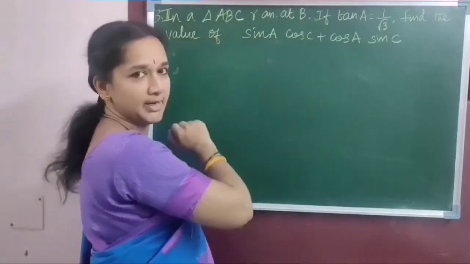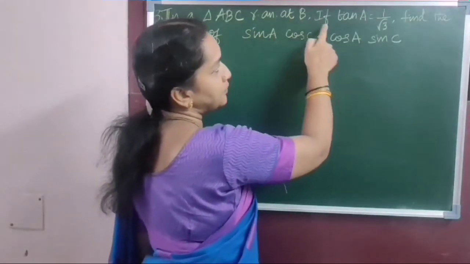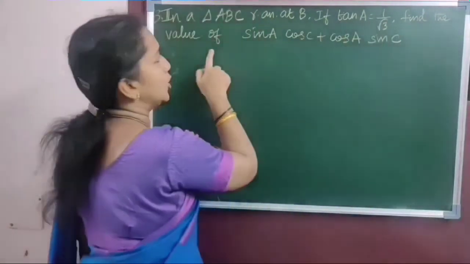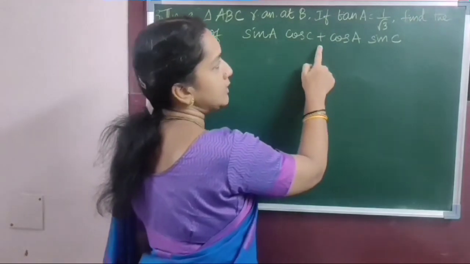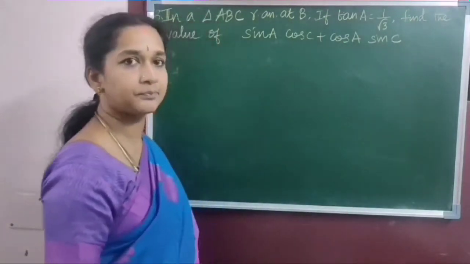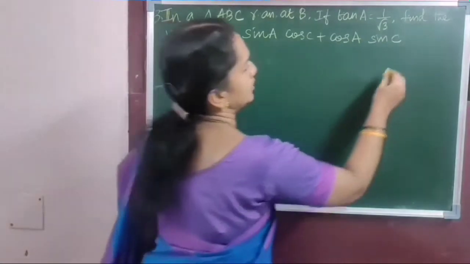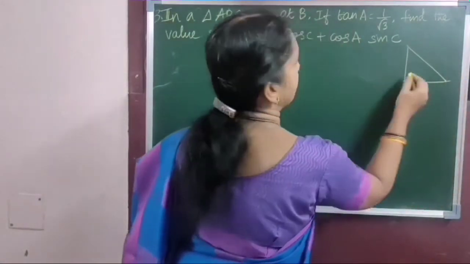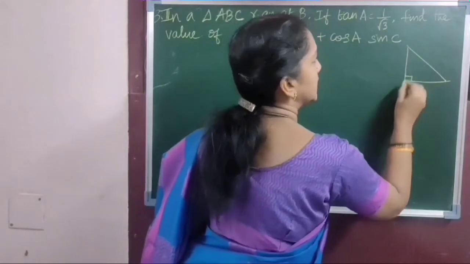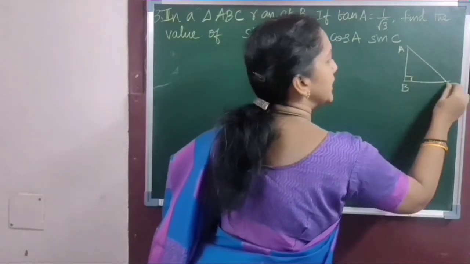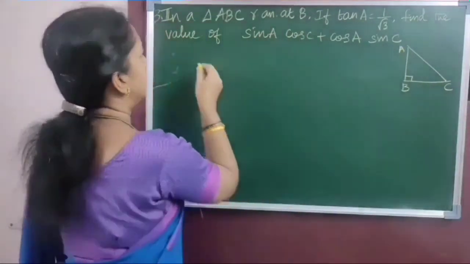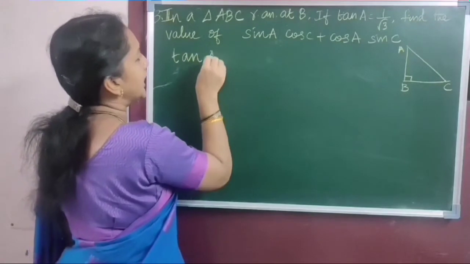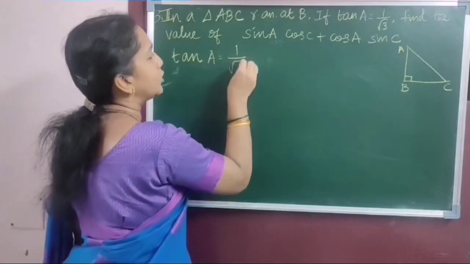In a triangle ABC, right angled at B, if tan A is equal to 1 by root 3, find the value of sin A cos C plus cos A sin C. Okay, so now the triangle is right angled at B, with vertices A, B and C. In the question it is given tan A is equal to 1 by root 3.